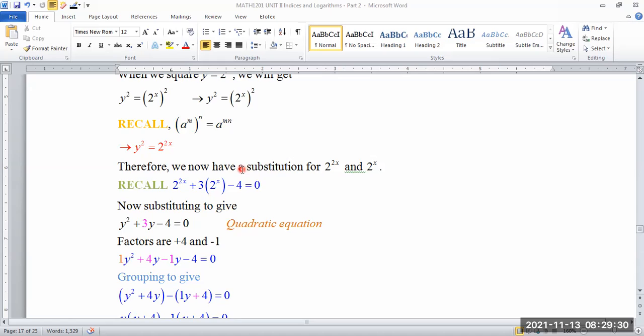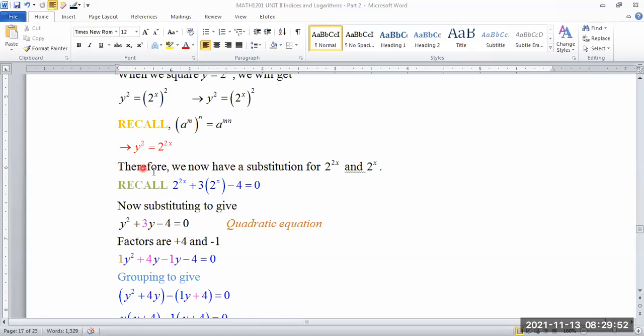What is the coefficient of y squared? Tell me the coefficient of y squared. 1. Very good. So the coefficient of y squared is going to be 1.